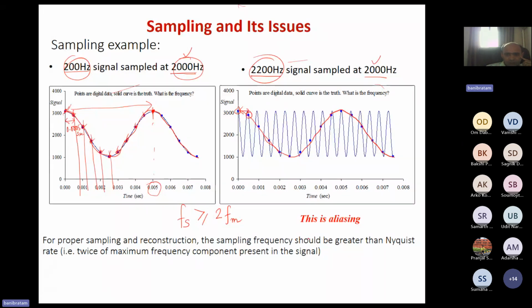Okay, so now twice the maximum frequency component means what? Here, in both the cases, I have one sinusoidal signal with a specific frequency.